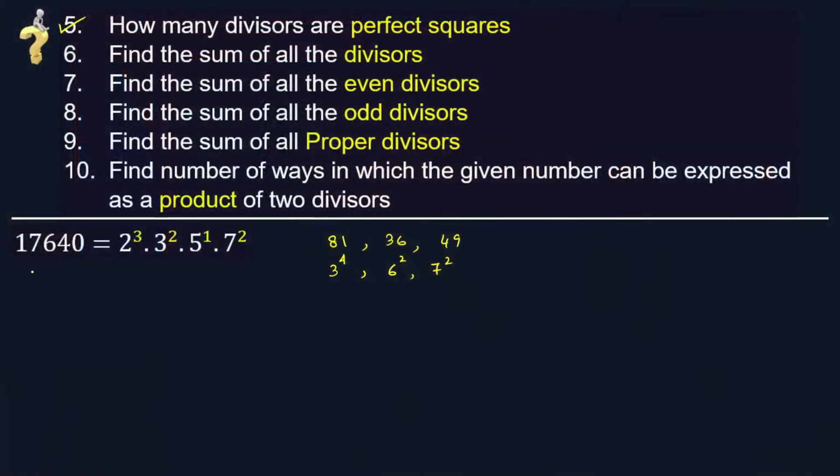Whenever it is a perfect square, the exponent is always an even number. Is it clear to us? Absolutely. Okay.